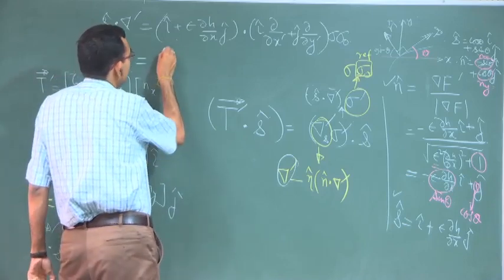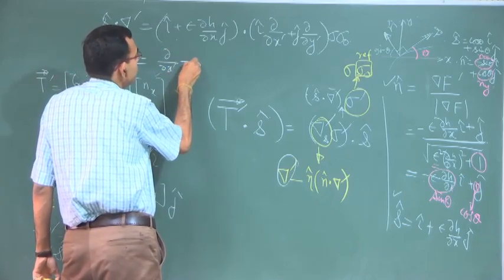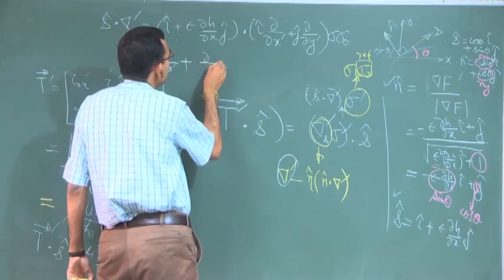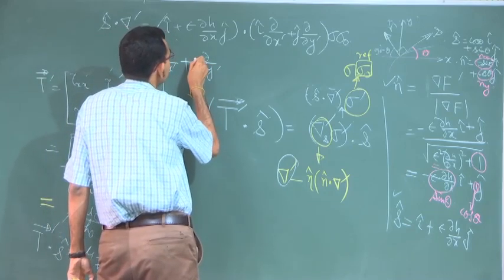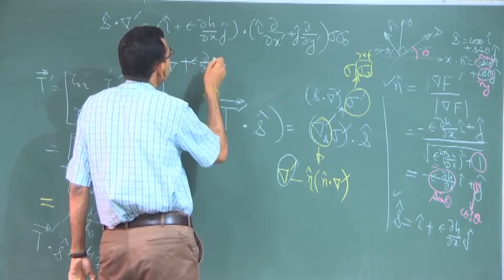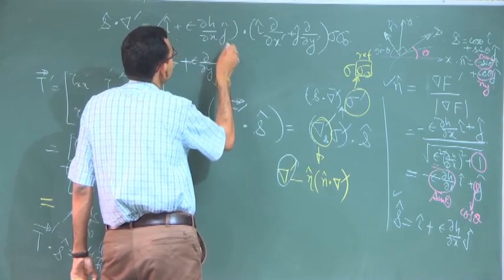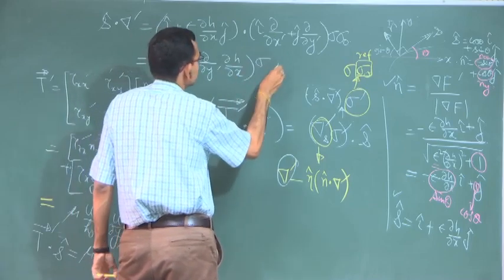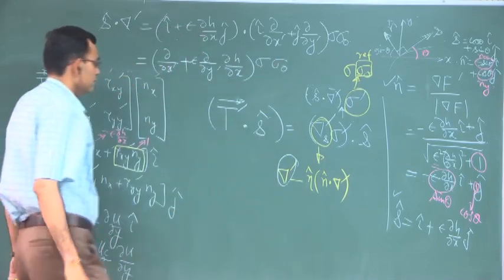So, you have del x prime plus del y prime, right.